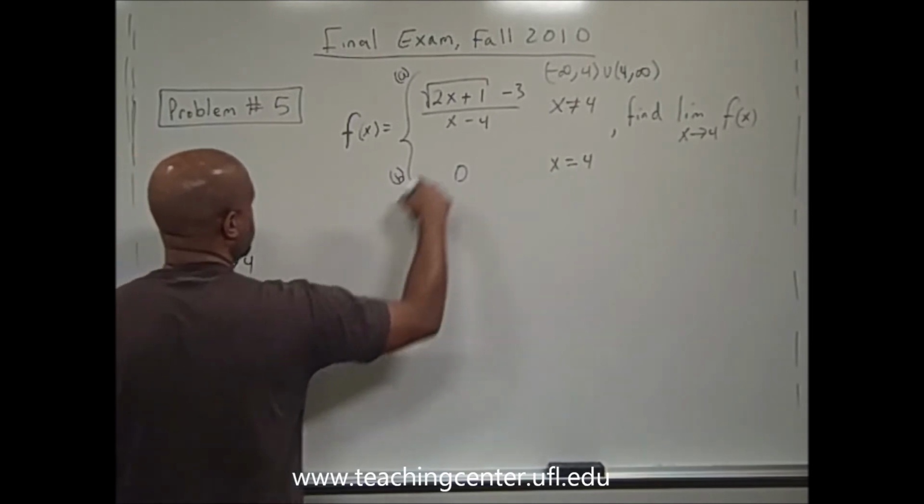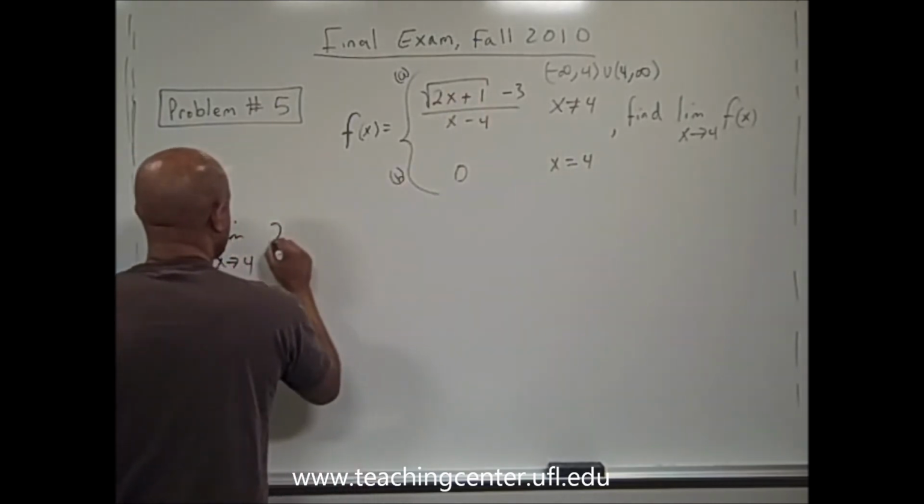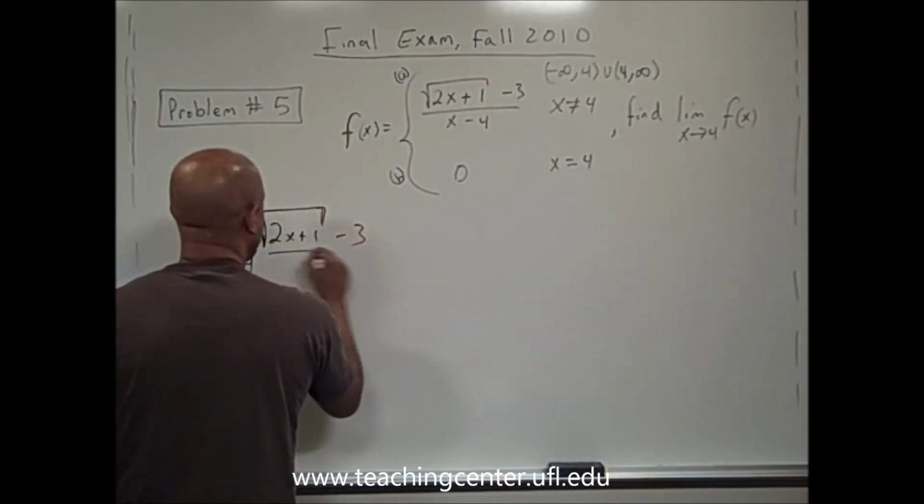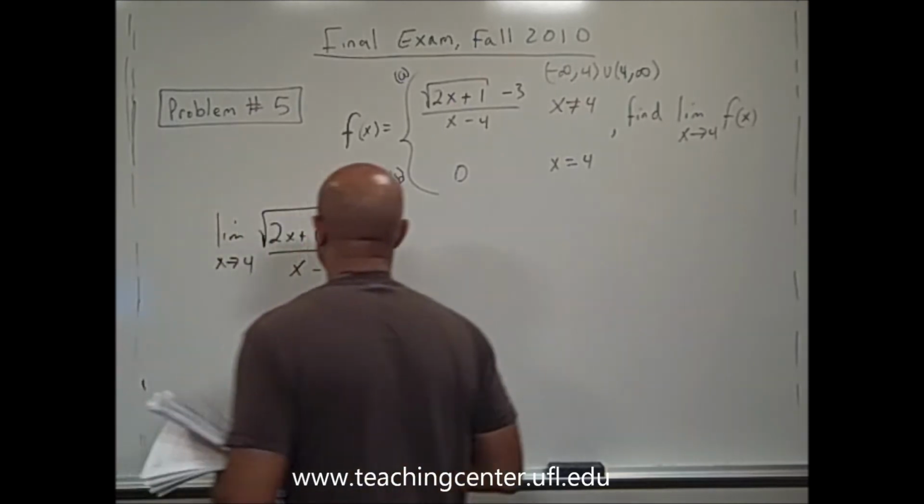And f of x in this particular case will be this one: the square root of 2x plus 1, minus 3, divided by x minus 4.